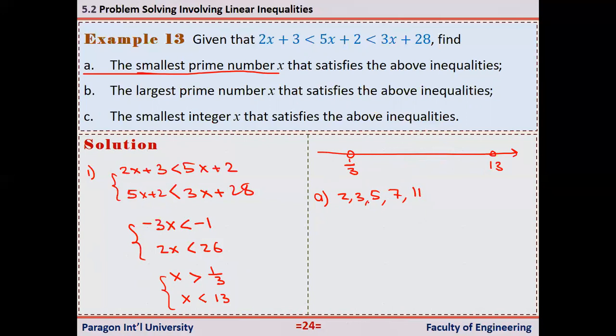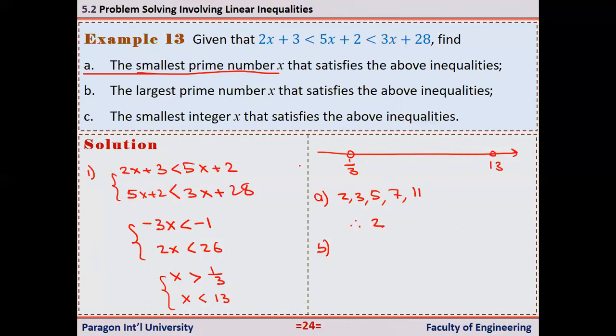We know a prime number is a natural number which has exactly two different divisors or factors. All of these numbers, 2, the factors are 1 and 2, 3, 1 and 3, these are prime numbers. So among these, the question is asking for the smallest one. Which one is the smallest one? 2. So the smallest prime number in the solution set is 2.